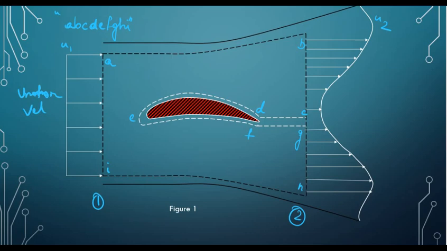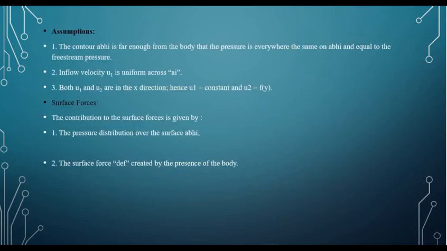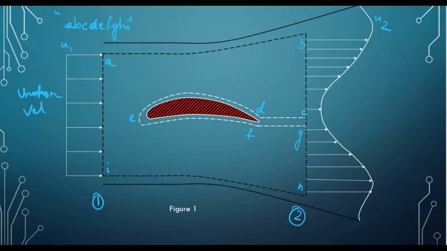So proceeding further, let us see the assumptions that we have taken in order to calculate the drag. The first assumption is that the contour ABHI, that is the control volume, is far enough from the body such that everywhere on ABHI the pressure is equal to the free stream pressure. That is, my free stream pressure is given by P infinity when the flow is entering the control volume.